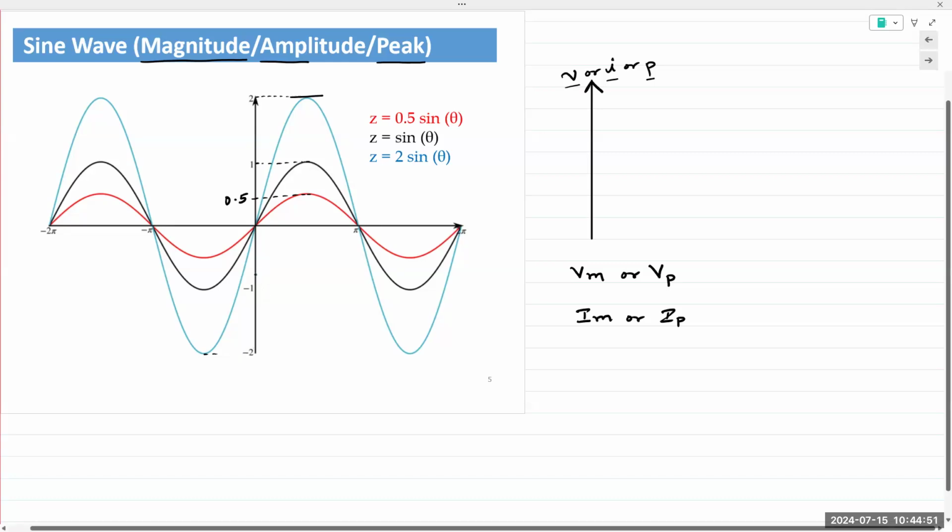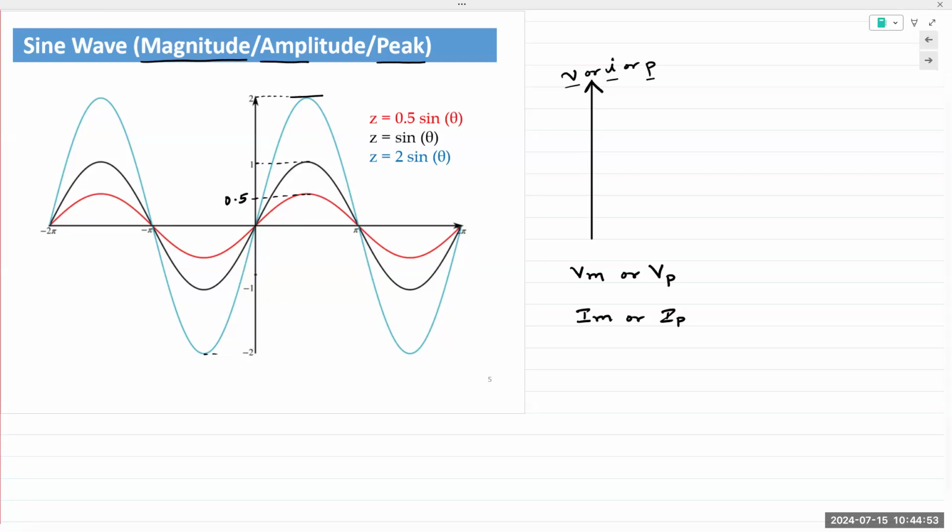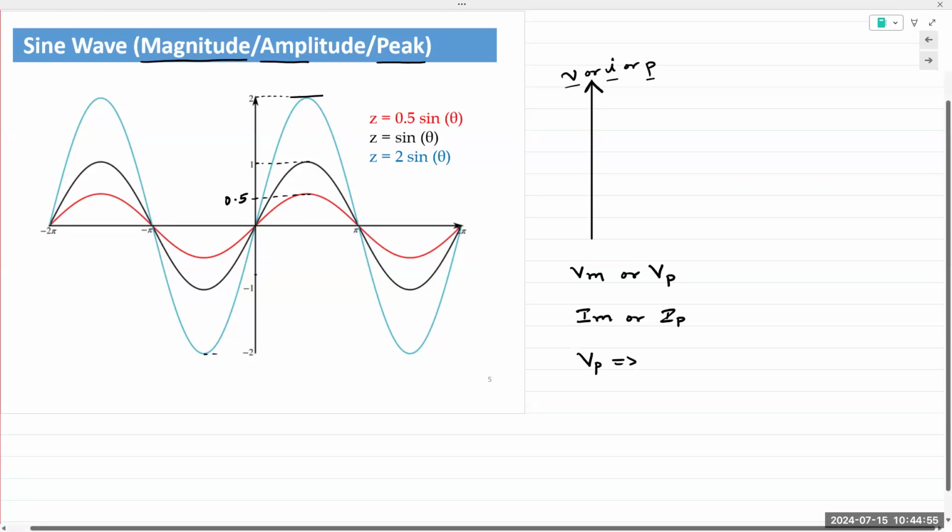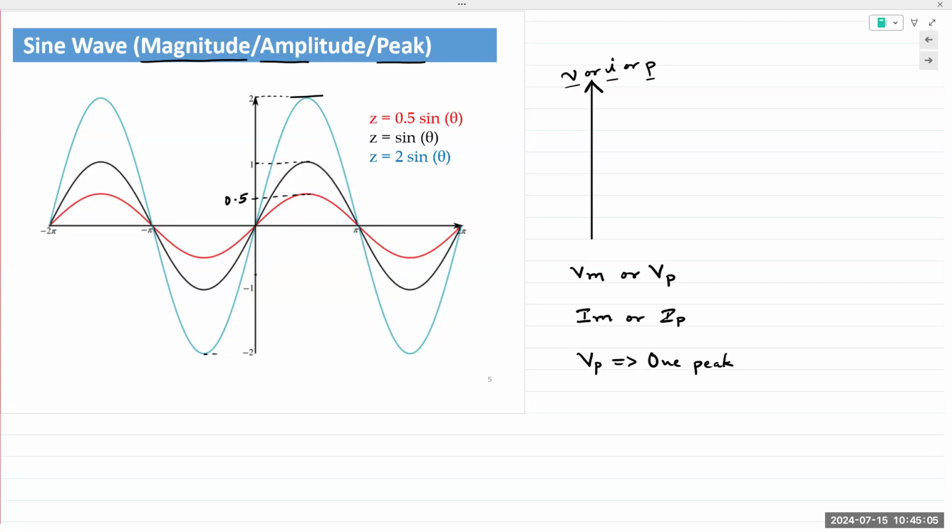So Vm or Vp describes one peak. The assumption is that the waveform is symmetrical around the x-axis, so it's describing one peak.